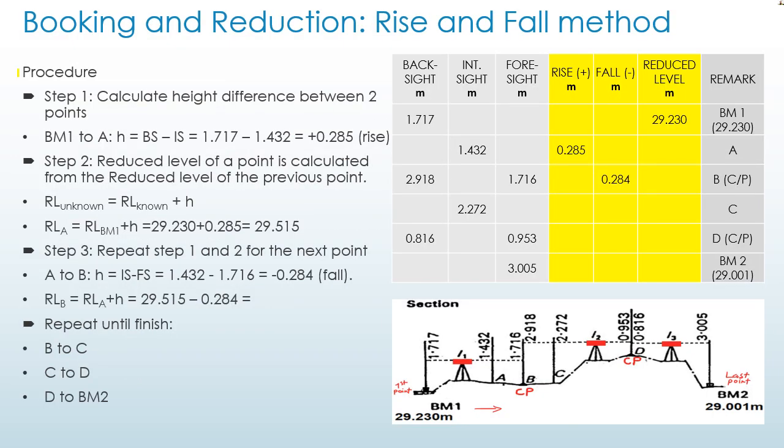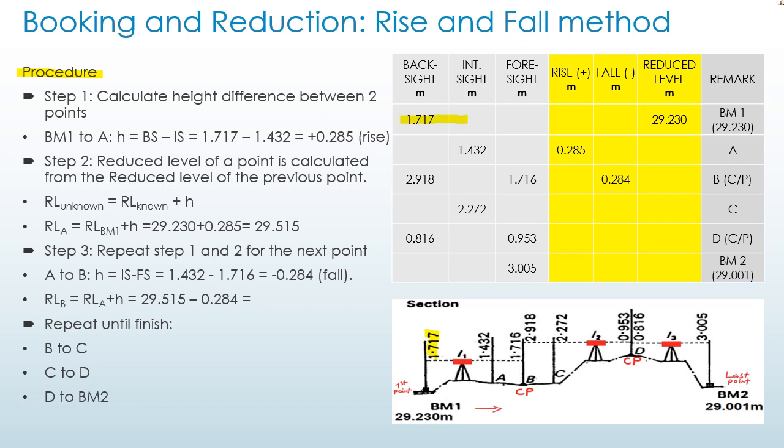Now, let's look carefully at the procedure. The first thing is we need to write the readings for every point. We do it the same way as the height of collimation method. Benchmark number 1, the reading is 1.717.